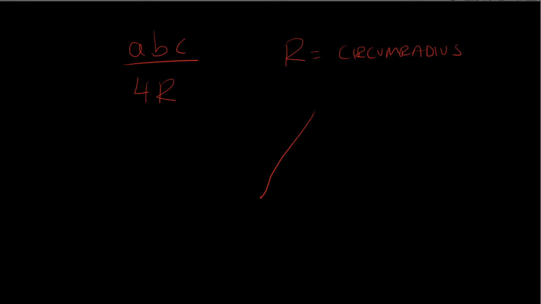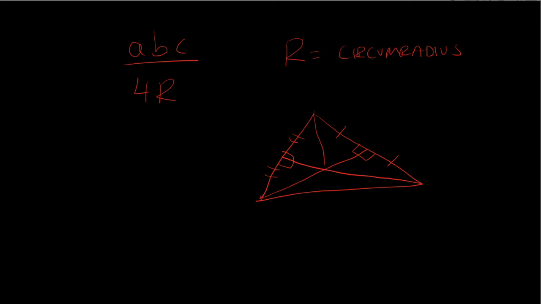The next formula includes 3 sides and the circumradius. So the area is ABC, A times B times C rather, over 4 times R. So R is the circumradius. Okay, so what that is: if we have a triangle and we look at the perpendicular bisectors, they're going to meet in the middle here.